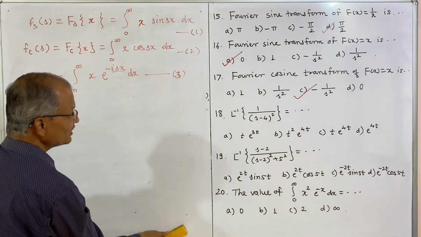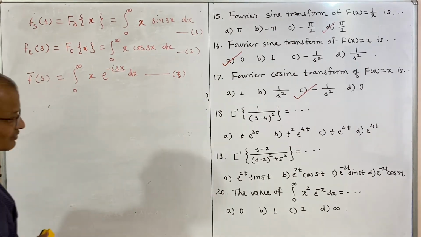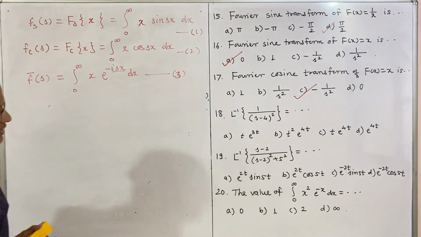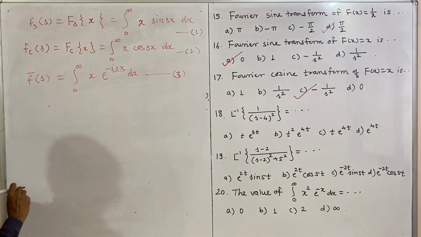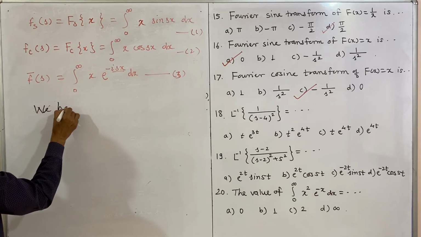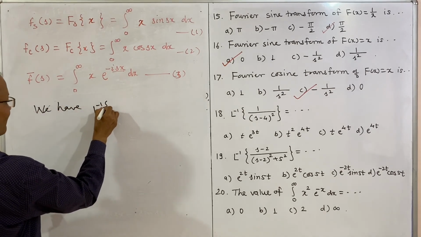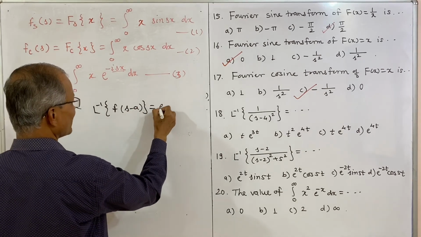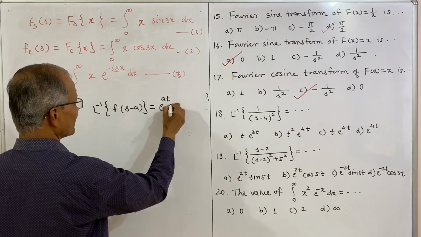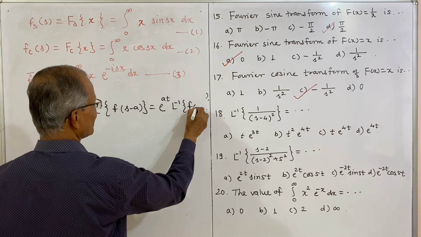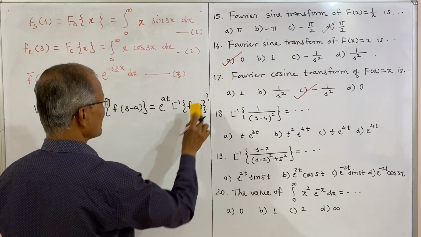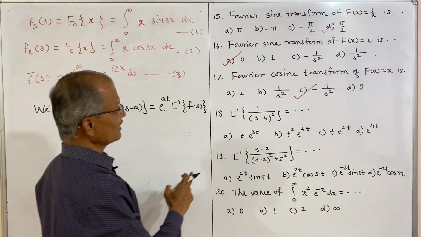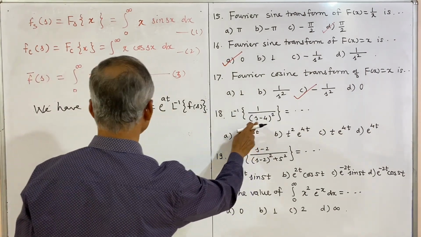There is a shifting theorem for inverse; these two remaining questions are for inverse Laplace transform. So we have L inverse of f of (s minus a) equals e power at times L inverse of f(s). This is the shifting theorem for inverse Laplace transform. Now see, s minus a is s minus 4.